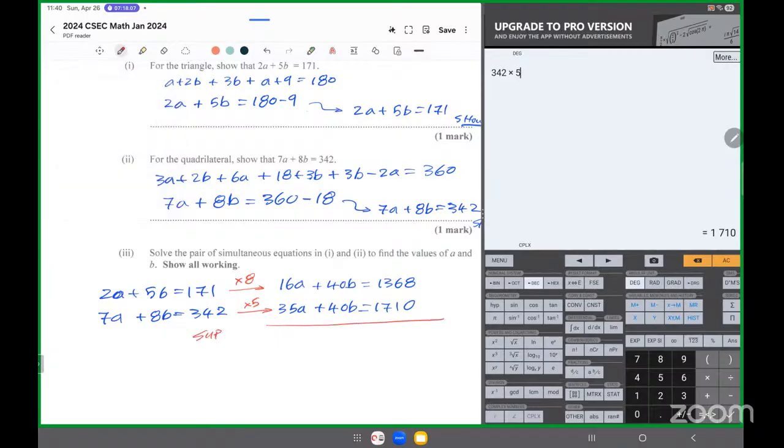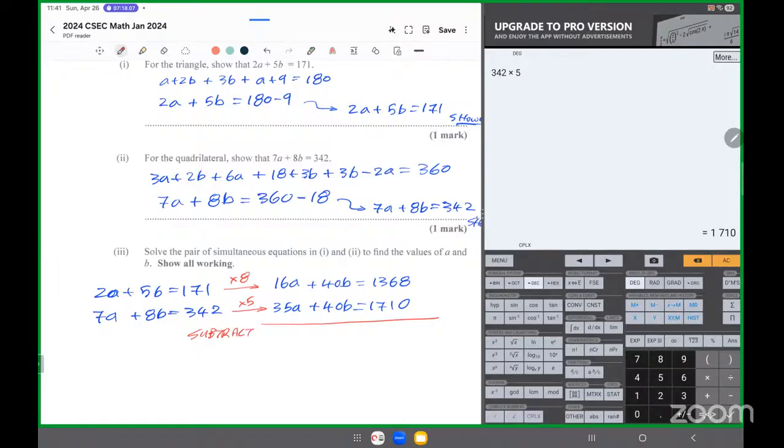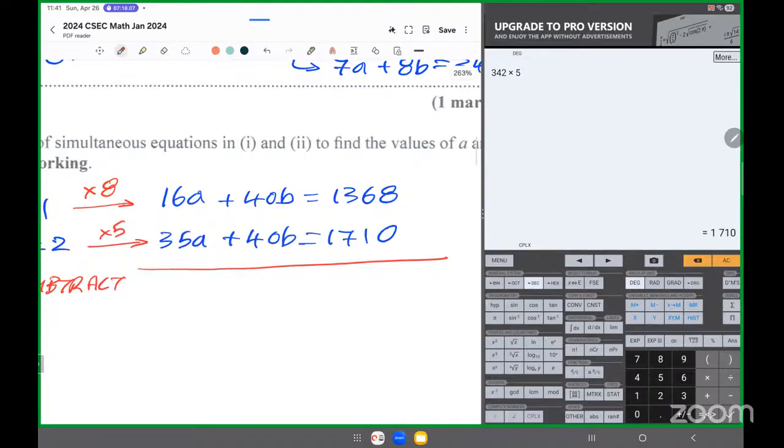Because this is the bigger value, let's subtract it this way: the bottom one minus the top one. So 35A minus 16A. 35 minus 16 is how much?